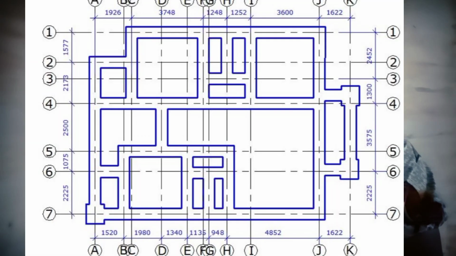So if, for example, the foundation layout is as follows, you can calculate the length of the walls at the foundation level to be approximately equal to 100.256 meters.